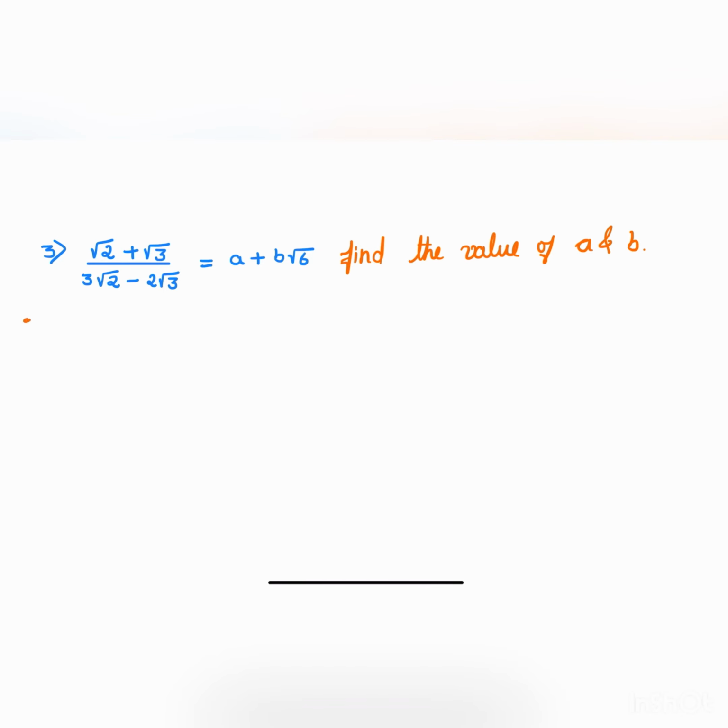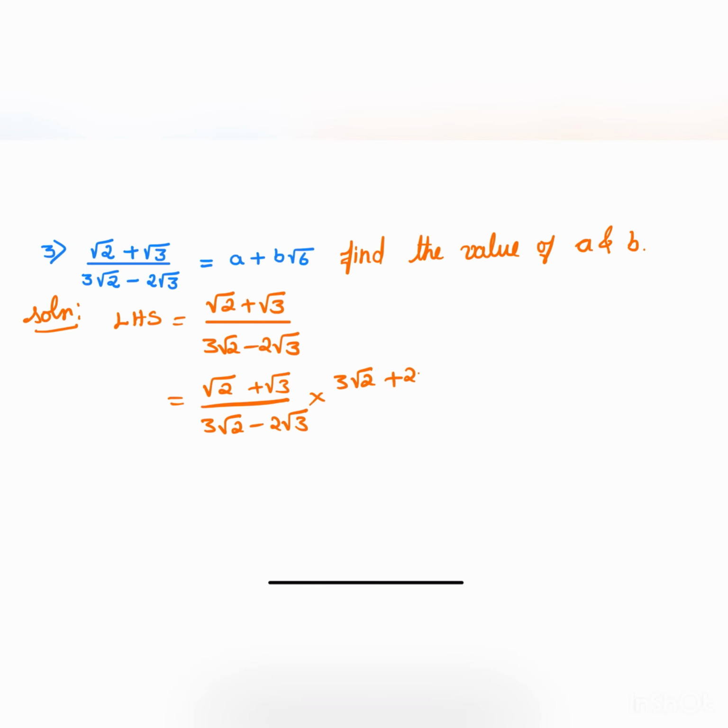Let us rationalize the denominator in this case. So let me take the LHS is equal to root 2 plus root 3 divided by 3 root 2 minus 2 root 3. And now let us rationalize it. Divided by 3 root 2 minus 2 root 3 into 3 root 2 plus 2 root 3 divided by 3 root 2 plus 2 root 3.